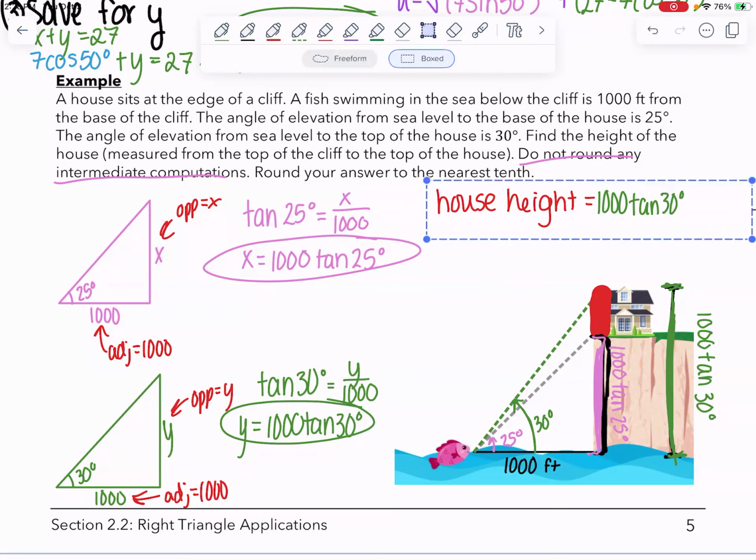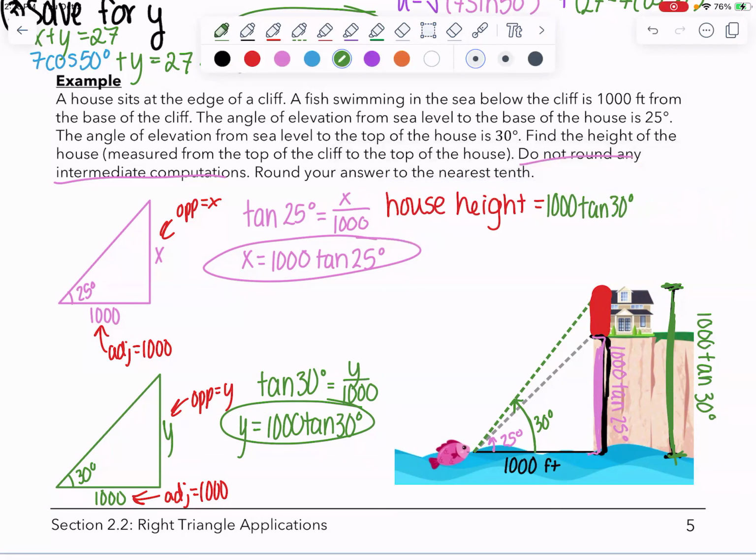Can I fit this in here? 1,000 tan 30 degrees minus 1,000 tangent of 25 degrees. If you plug that into a calculator, you should get 111.0 feet once you round. Feet. And that's that.